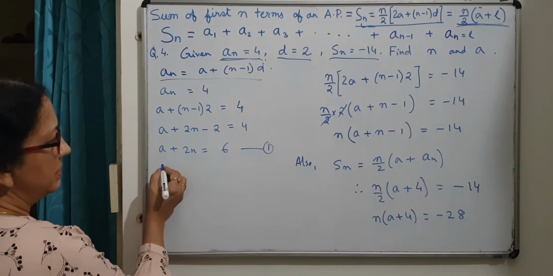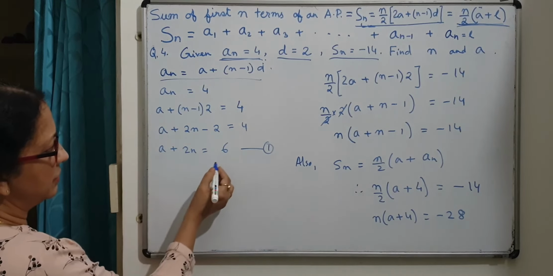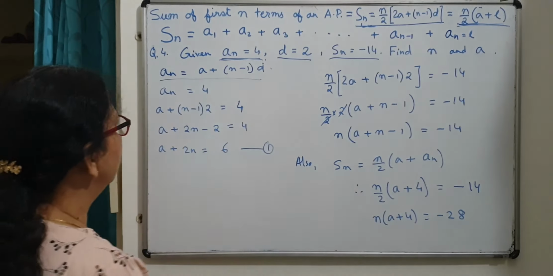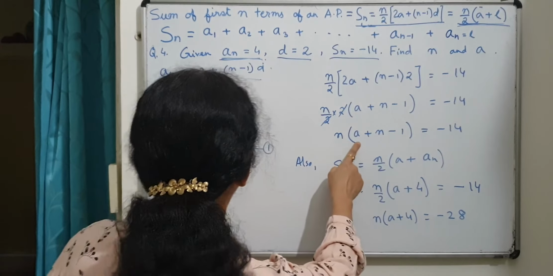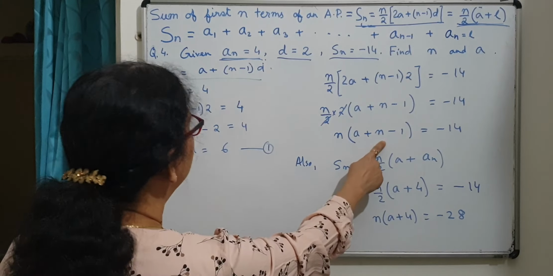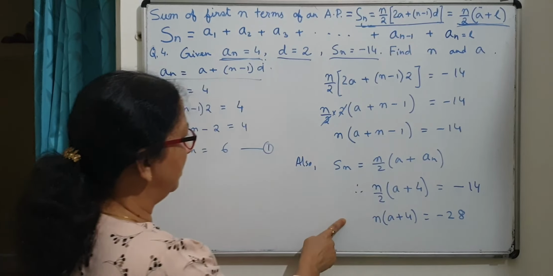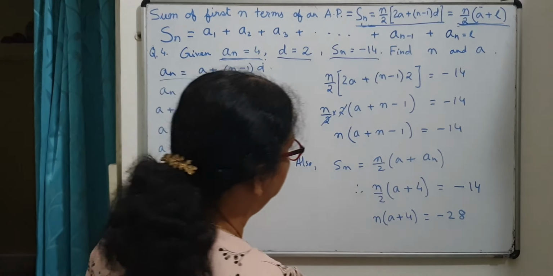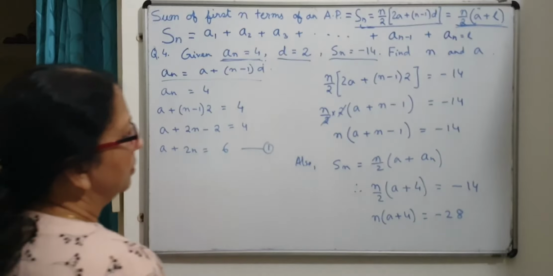So a plus 2n is 6. I'll be using the method of substitution. Here also a is 6 minus 2n, all the same, so both can be used.